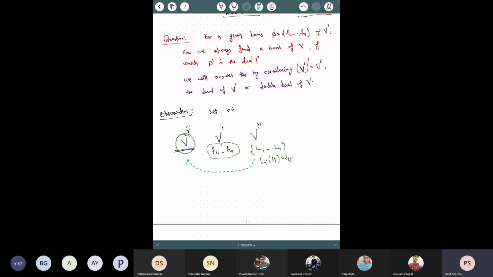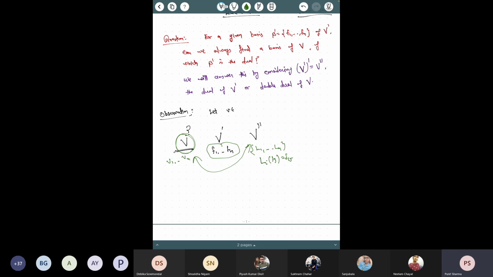One way is that if I somehow relate V and V double dash, with L1 to Ln being elements here, and if I somehow have an isomorphism kind of thing, then I can generate vectors V1 to Vn here.